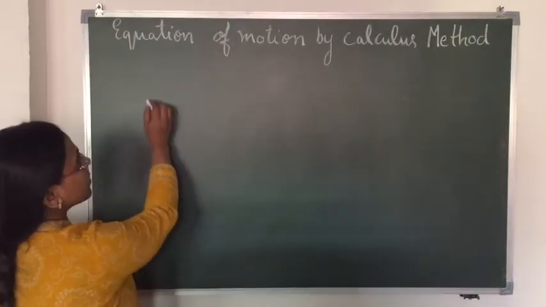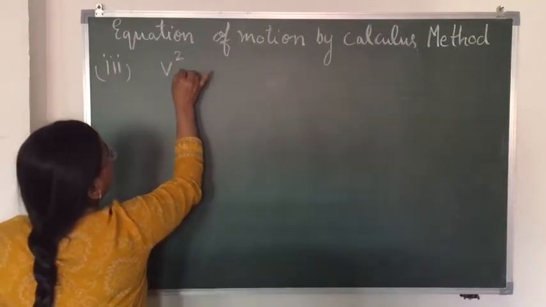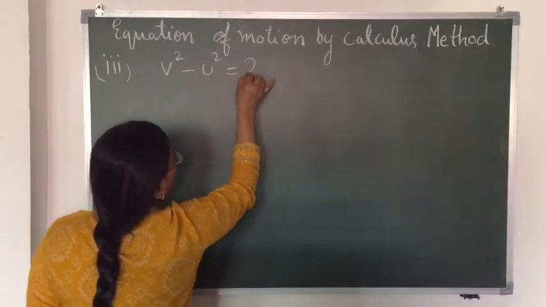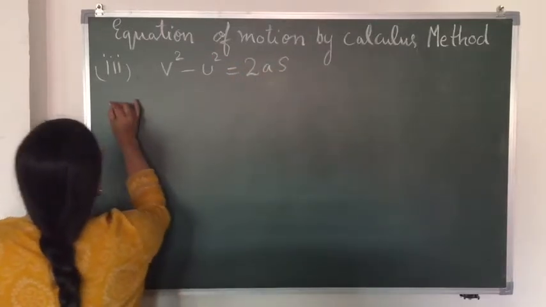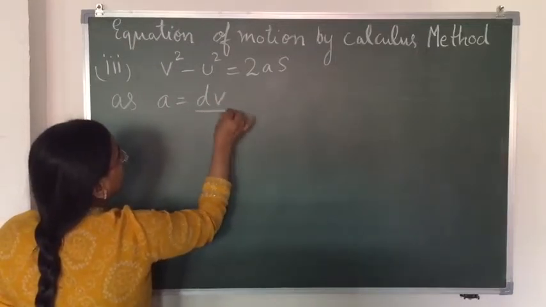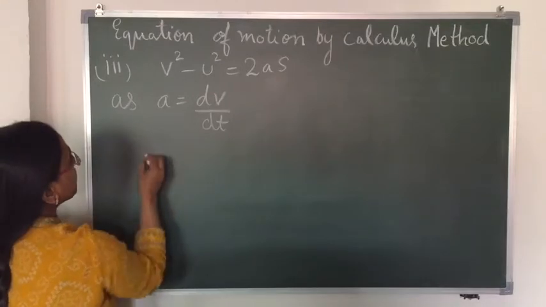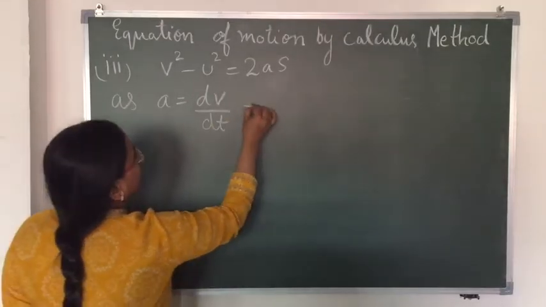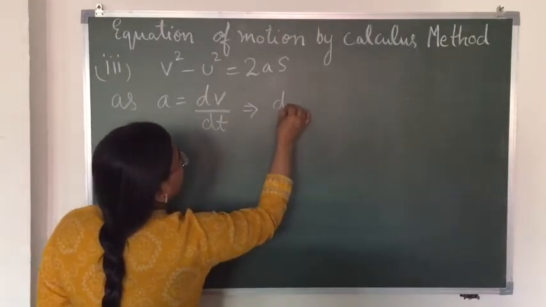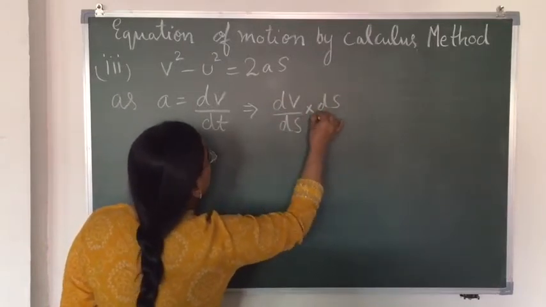Third equation of motion, v² minus u² = 2as. As a = dv by dt, on further solving this equation we get dv by ds into ds by dt.